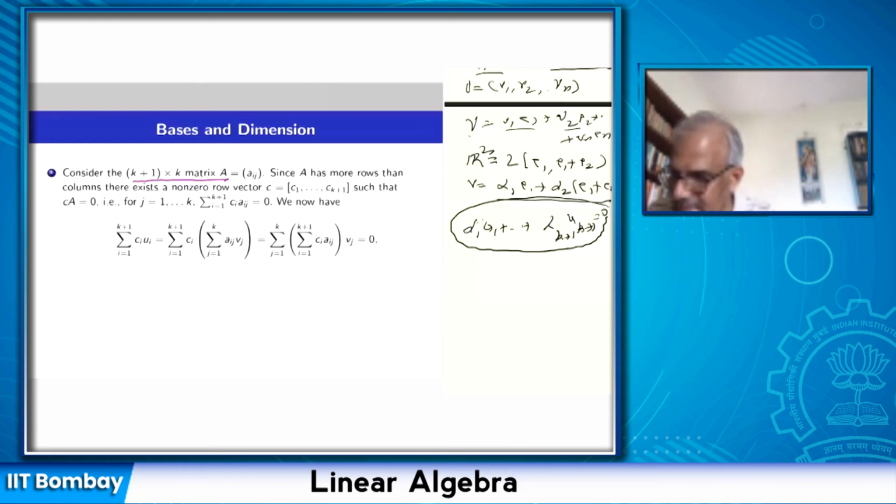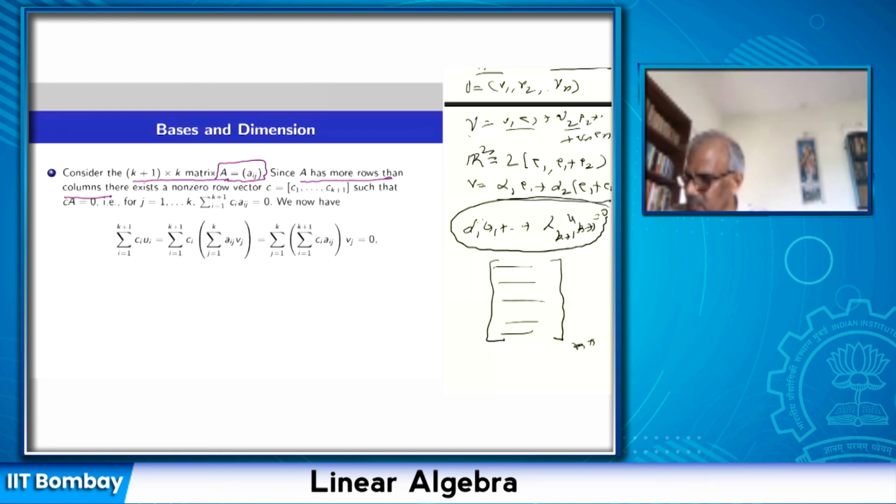So if I collect all those coefficients, I get a k plus 1 by k matrix. It has more rows than columns. It's a tall matrix. There are k plus 1 rows and k columns. Then this is my matrix A.